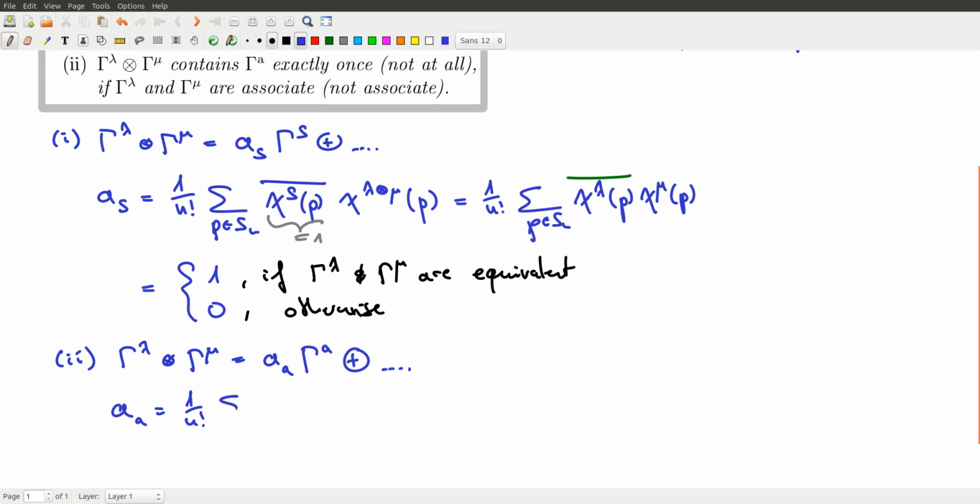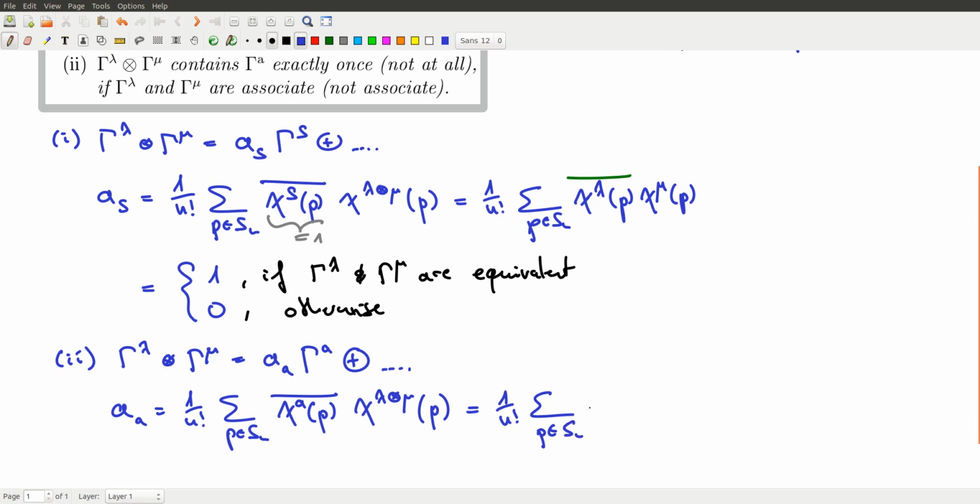Again, 1 over the order of the group, n factorial, sum over all group elements. Now we need the character of this sign representation here, and then again the character of the tensor product. And the character of the sign representation is just the sign. It's a one-dimensional representation, so representation matrix and character are the same.